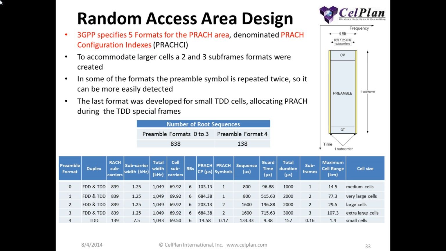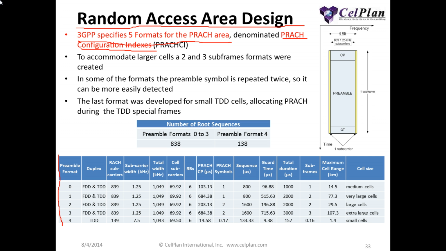Okay, well, 3GPP doesn't make things simple, so they specified 5 formats for the PRACH area. And this is denominated PRACH configuration indexes. Here are the formats 0, 1, 2, 3, 4.